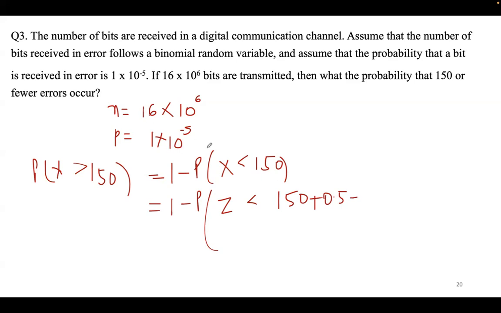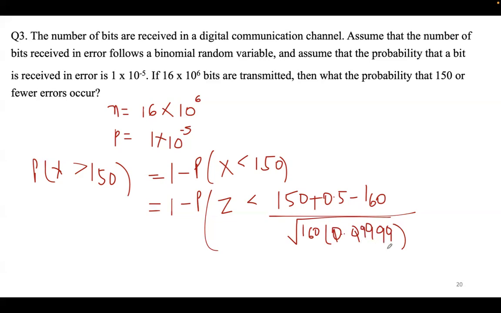So n into p, that's going to be 160. And then you have to take a root of 160 into 1 minus this value, which is actually going to be 0.99999.